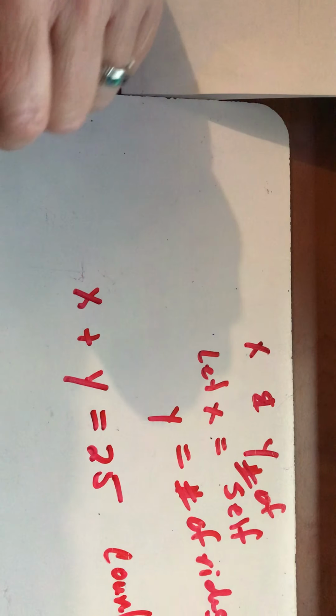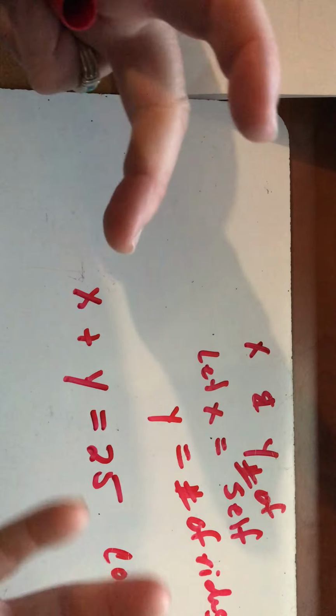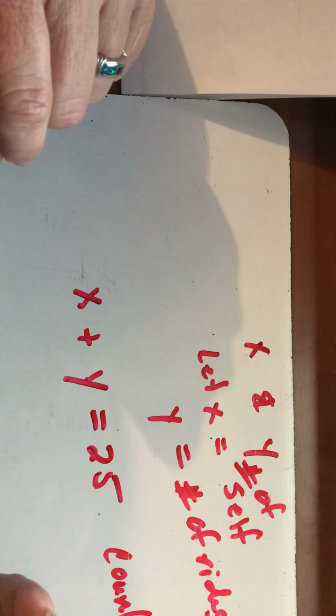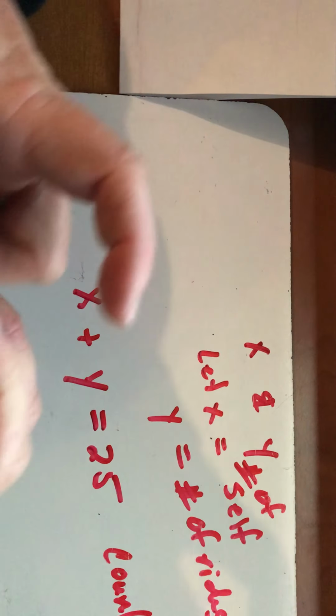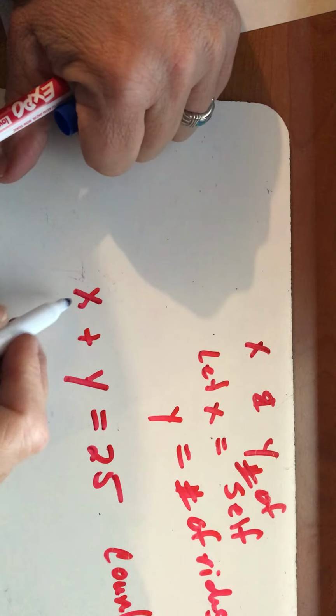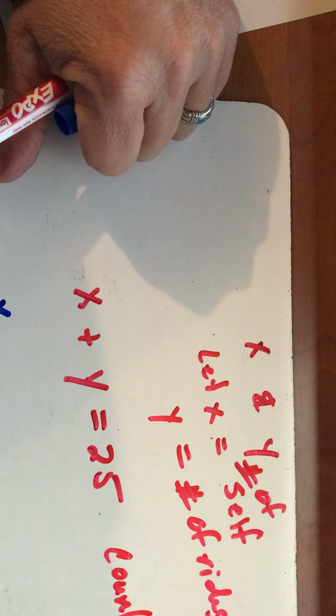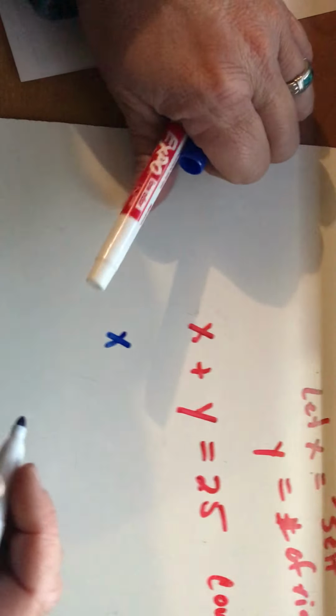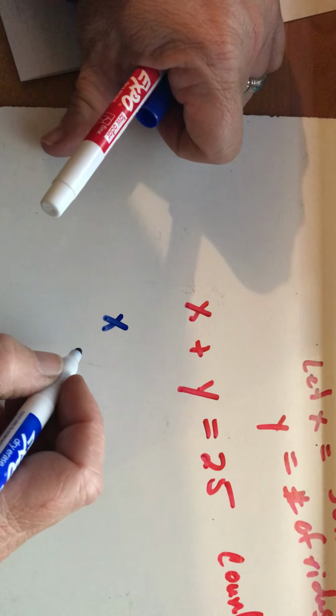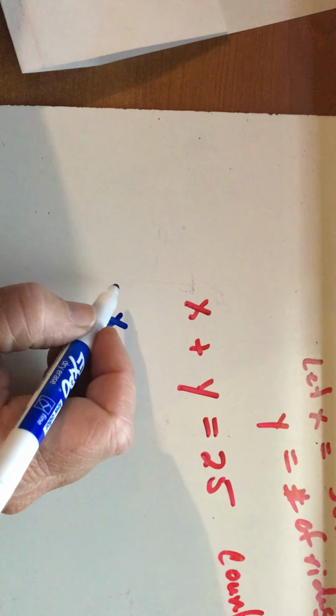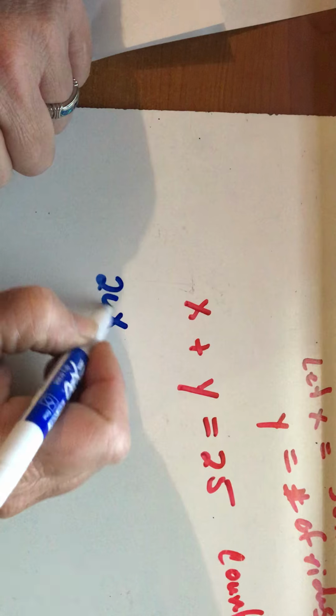If self-propelled mowers cost $20, it's going to be $20 times however many mowers I rent. Let me use a different color. I'm going to take the number of self-propelled mowers that I rent, and I'm off the screen, sorry, and multiply that by the cost of renting them.